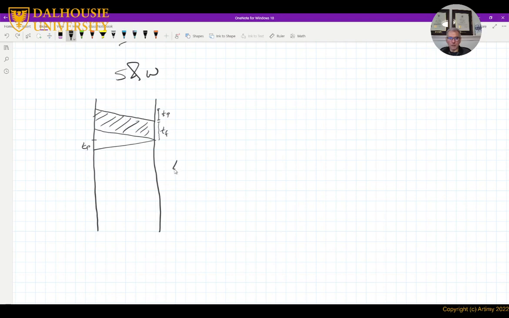So we'll call that TA, A for acknowledgement, the time to send an acknowledgement. And also we need to consider the time for the receiver to process the frame.